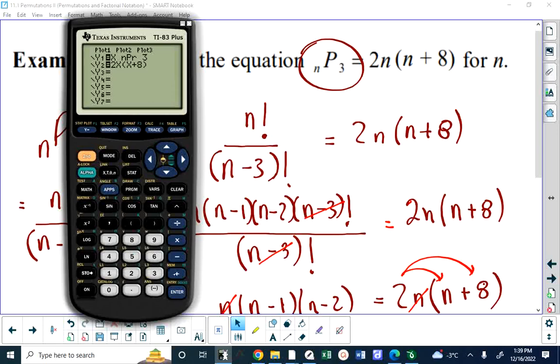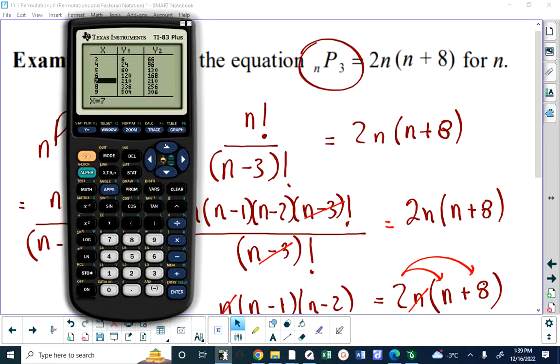Your calculator just jitters around, it doesn't know what to do. Okay? But we can go to our table. We can set up our table to start at 3 because we know that it has to be at least 3 and go up by 1. And we go to the table. We're looking for where these numbers are equal. Oh, right there. Both sides are equal to 210 at 7.